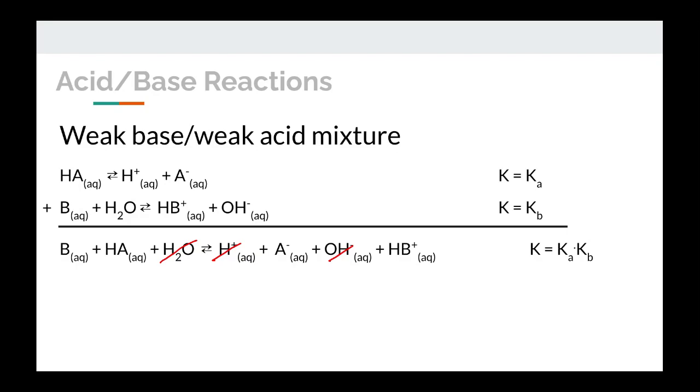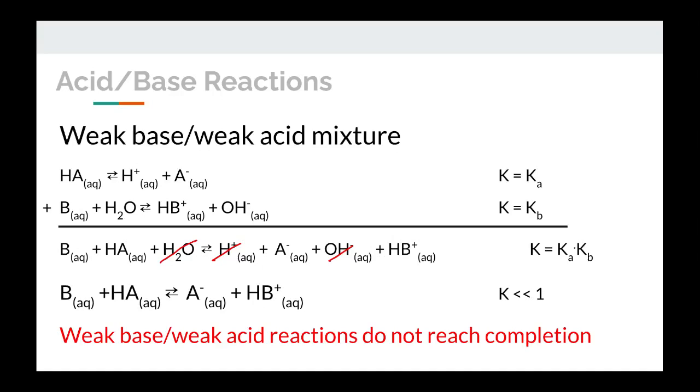They're just going to become water. So the net ionic reaction for this is the weak base reacts with the weak acid and produces the conjugate base of the acid and the conjugate acid of the base, and K for this reaction is going to be very small.